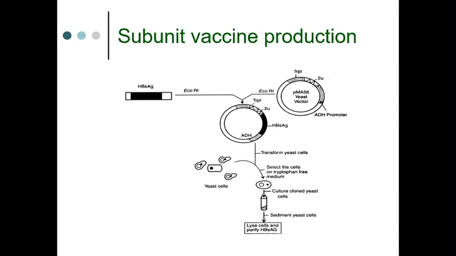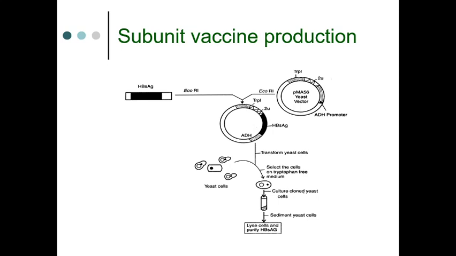The yeast vector is used for cloning this gene, and the yeast vector has the alcohol dehydrogenase gene with its own promoter, the ADH promoter, and it also has a marker gene for the production of tryptophan.